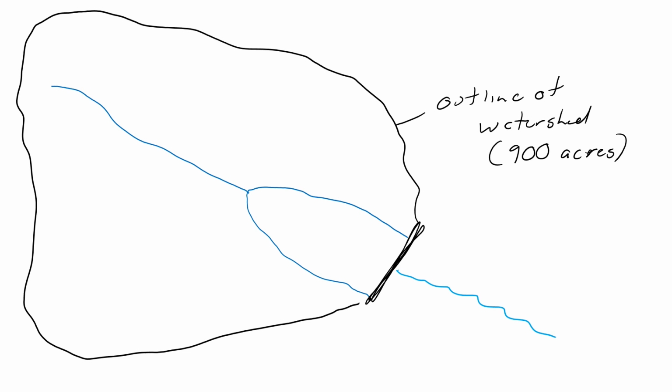It's a map view. There's our outflow. This is not obviously going to be to scale. Okay, so this is the outline of the watershed. And remember, it's 9,000 acres.